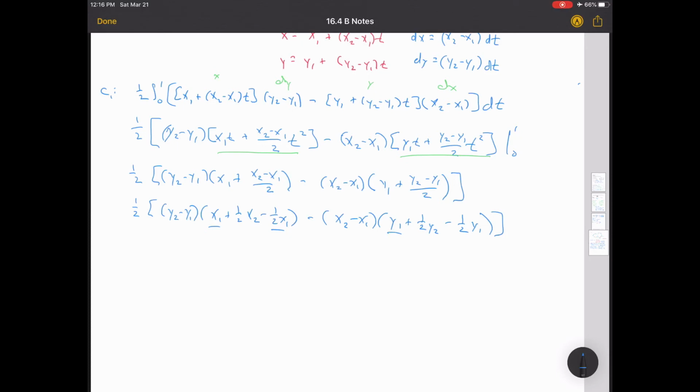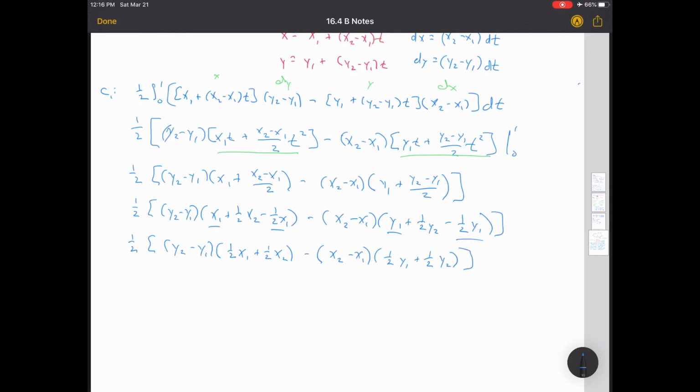And I'm going to be able to combine those two pieces because they are the same. So we'll have 1/2 y2 minus y1 times, looks like what we're going to get here is a 1/2 x1 plus 1/2 x2 minus x2 minus x1. Same deal over here. We're going to get a 1/2 y1 plus 1/2 y2.